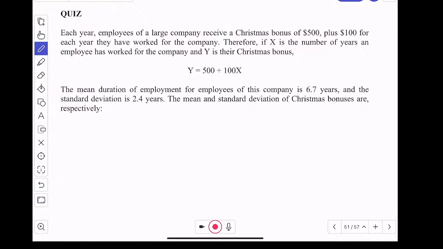So each year, employees of a large company receive a bonus of $500 plus $100 for each year they have worked for the company. Therefore, we define a variable. If we define X as the number of years employees worked for the company and Y is their bonus, this is the new variable.